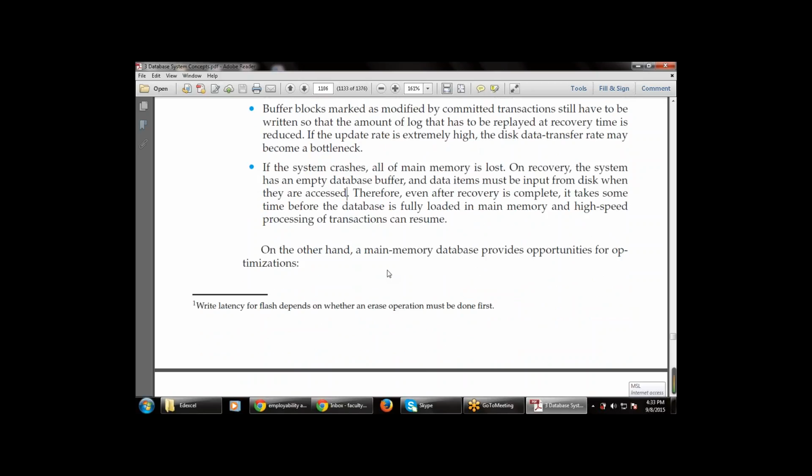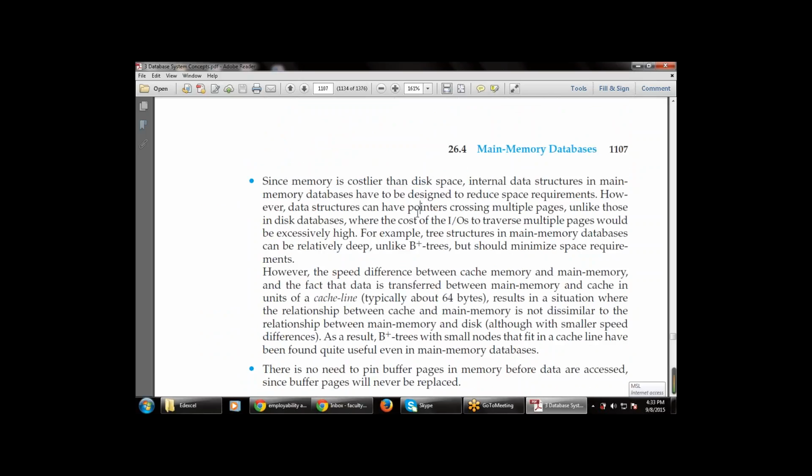On the other hand, there are some opportunities, or advantages, of a main memory database. One opportunity is that since memory is costlier than disk space, the internal data structures in a main memory database have to be designed to reduce the space requirement.